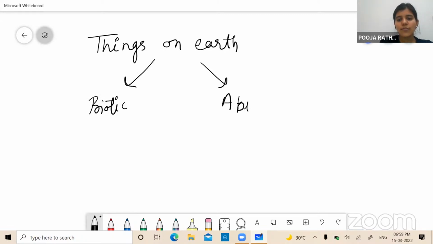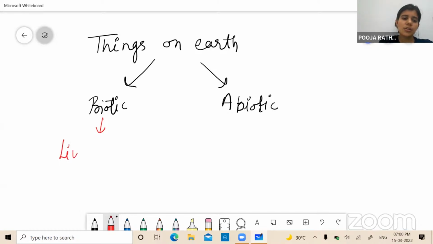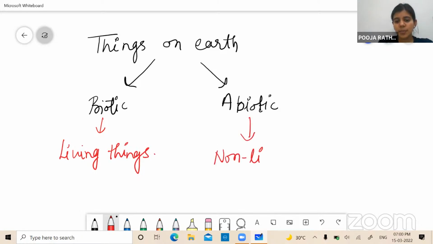I think you would have learned this in your classes, right? What are biotic things? Living things. Yes, all the microbes, organisms, all the things living in nature which breathe and exhale come under biotic. And abiotic are all the non-living things.